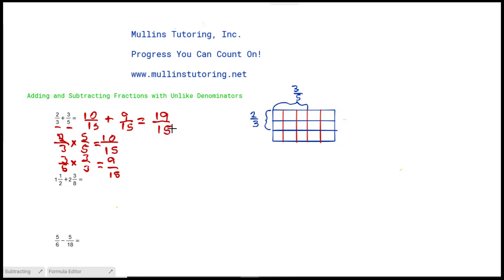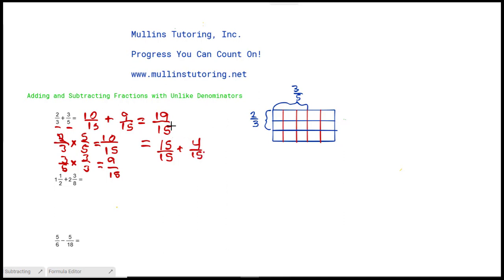Right now we have an improper fraction. An improper fraction is when the numerator is greater than the denominator. One way that we can do this is break our numerator up. As we just talked about, any number over itself is equal to 1. So we'll take 15 over 15 plus 19 minus 15 is 4, which gives me 4/15.